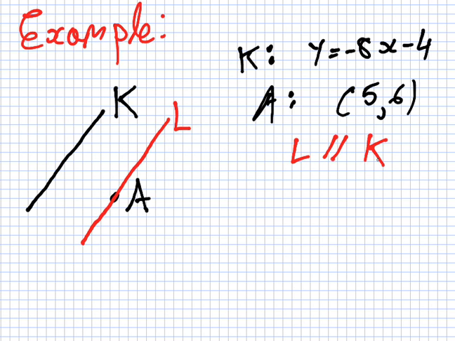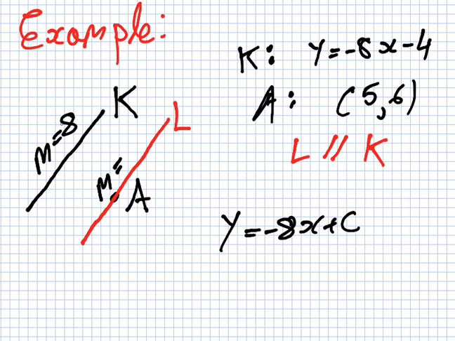Yeah, the slope of K is minus 8. So, what's the slope of L? It must be minus 8 as well, because they're parallel. So we have y must equal minus 8x plus c, because if the m is minus 8 here, then it's also minus 8 here.